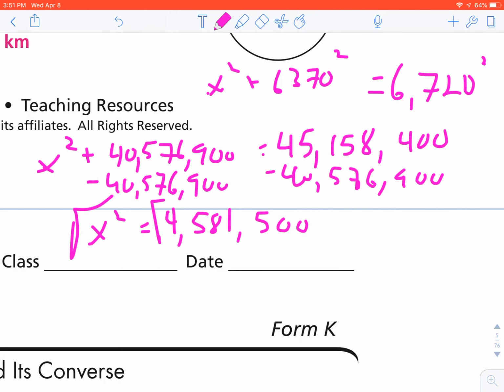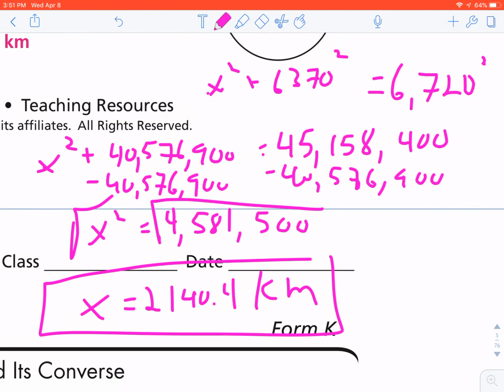And then when you square root both of those, they asked you to round, not to find the simplest radical form. So just type that into your calculator, and it should spit out something close to 2,140.4 kilometers. Okay? All right.